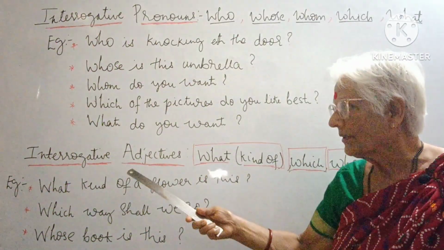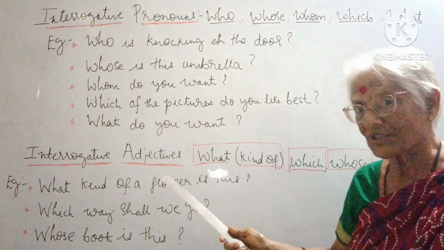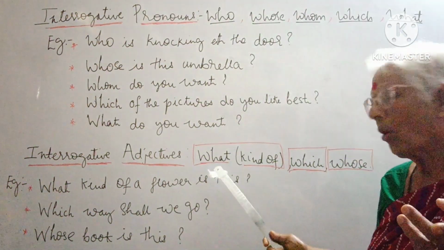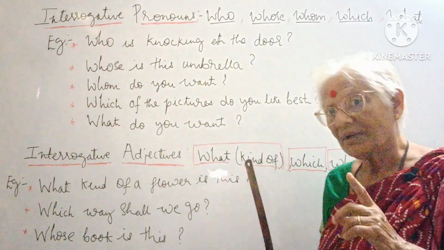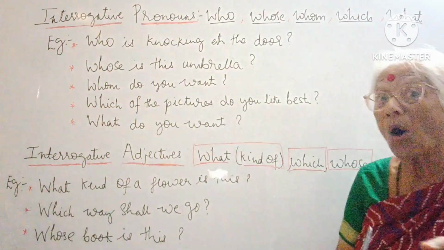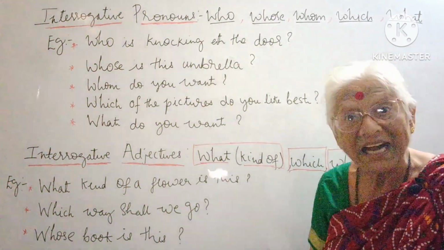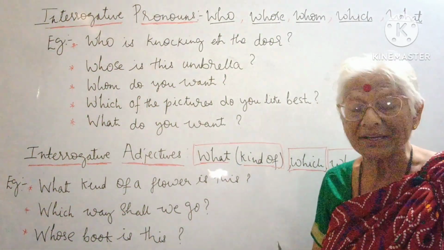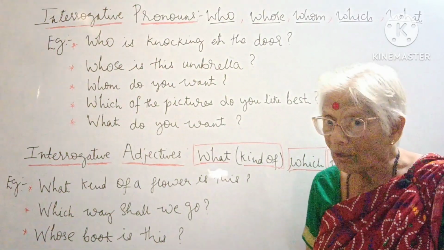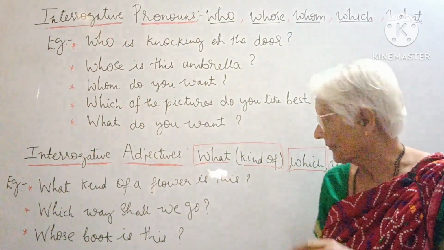Let's go to the next one. Interrogative adjectives. Now here also you have three interrogative words. What kind of? We just write what, we say what, but actually it is what kind of or of what kind. I repeat again, it's either what kind of or of what kind. Okay?